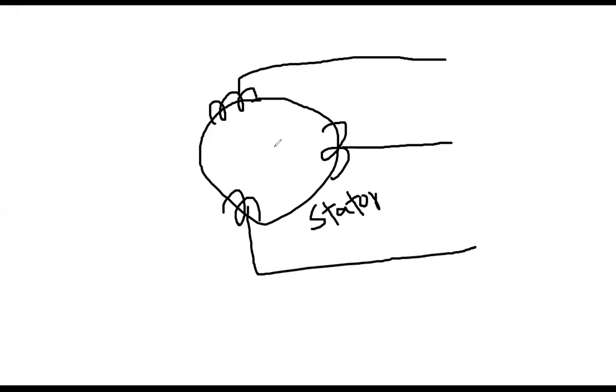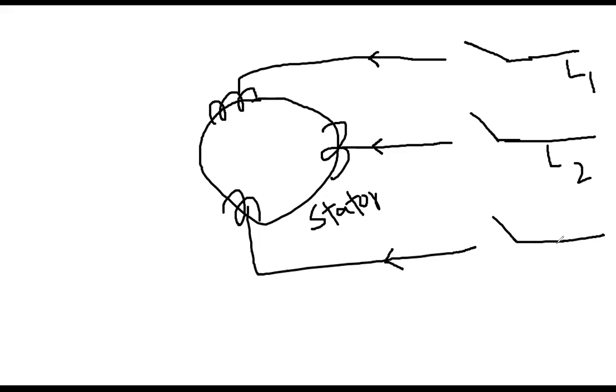I'm not drawing the rotor; I don't need to draw it. And then you will be applying the voltage or current here, but the actual lines are here. This is line 1, this is line 2, and there is another line here, line 3.